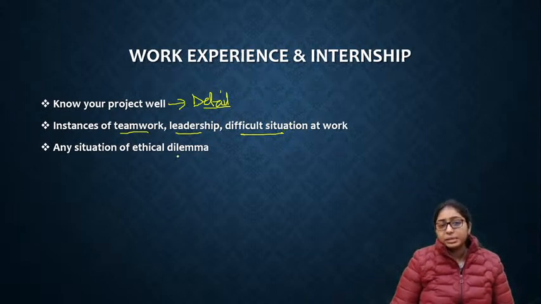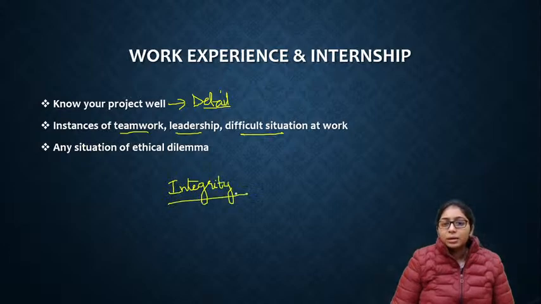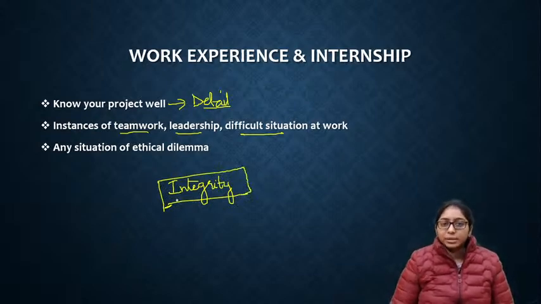Also, if you have faced any situation of ethical dilemma, or even if you have not, if you are by chance asked what you will do if you face a situation of ethical dilemma, it is always better to choose an option in which you maintain your integrity. Never ever answer a question with something which does not fall in line with integrity.